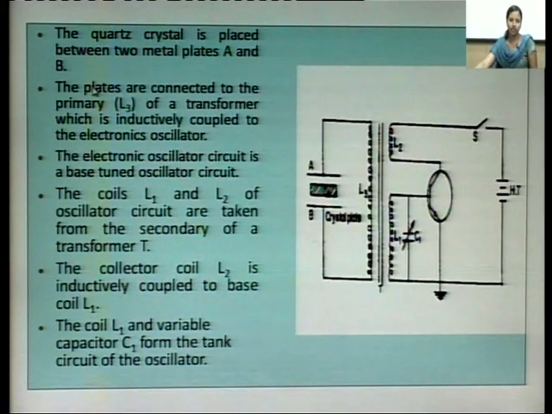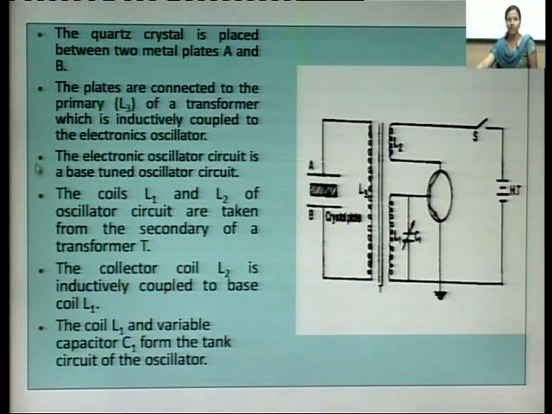So we will study here the construction of the piezoelectric oscillator. This is the crystal. The quartz crystal is placed between two metal plates A and B. These two are metal plates, and this is the quartz crystal.